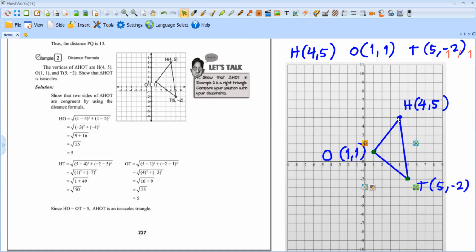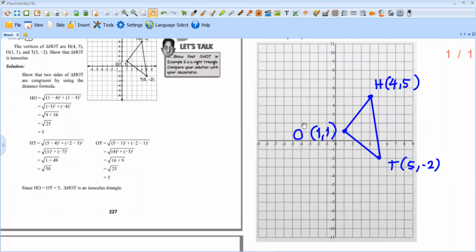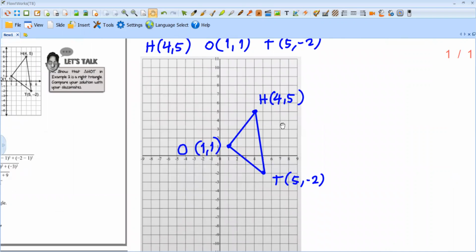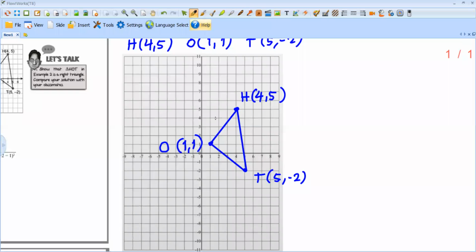Okay, so now we have this triangle. But we need to know if the given points are the vertices of an isosceles triangle by identifying the distances of these three sides. So we have distance 1, distance 2, and distance 3. If two sides of the triangle are equal, then it is an isosceles triangle.